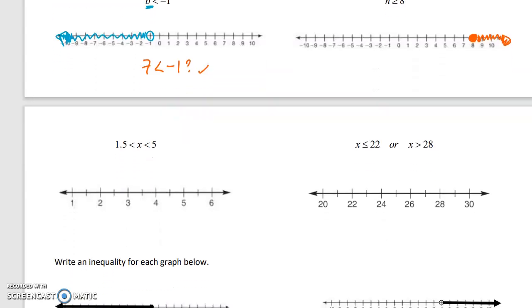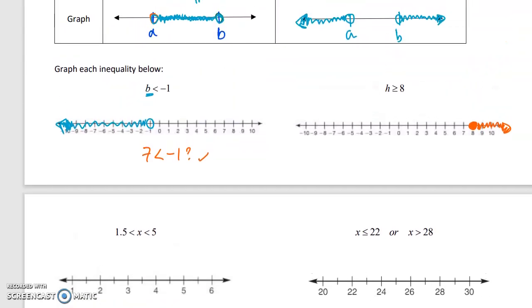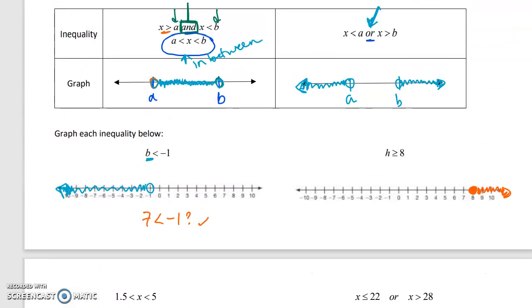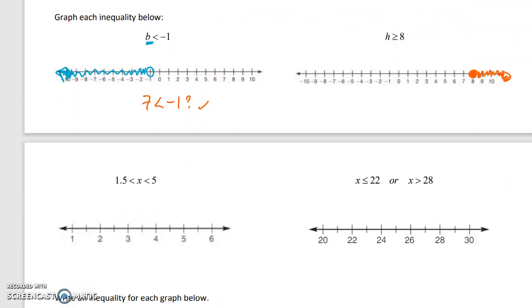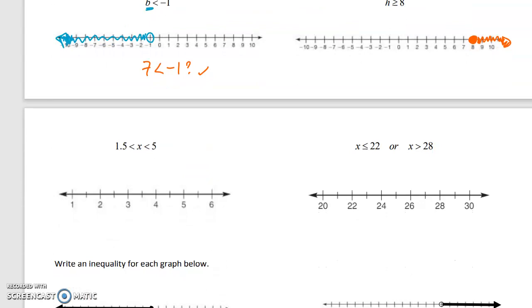Our third example, we have that compound, and I'm going to pull that back up. Again, X is greater than A and X is less than B. So in this case, the X is greater than, I know that looks like a less than sign, but it's because it's in the middle. If we write 1.5 is less than X, we could also turn that around and say X is greater than 1.5.